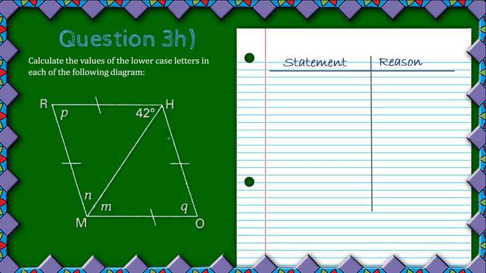Now this looks like a rhombus, and what else we know about a rhombus is that the opposite sides are also parallel to each other. So that, and then over there, those two being parallel. So in finding M, we can just use alternate angles, since this makes an N or a Z. So M is equal to 42 degrees, and that's alternate angles.